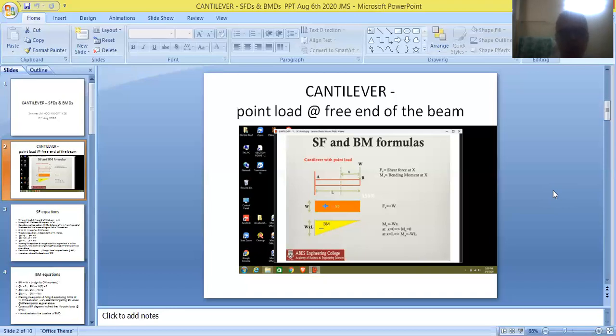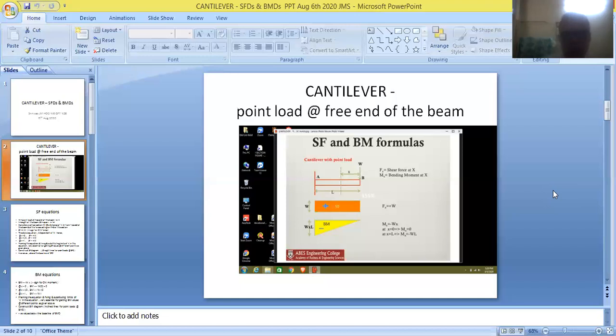Now, indication of points is very essential. Point A, capital A, is used for representing the fixed end of the beam, and point B is used for representing the free end of the beam. The length of the beam is given as capital L, but it is better to use small l for indicating the length of the beam.